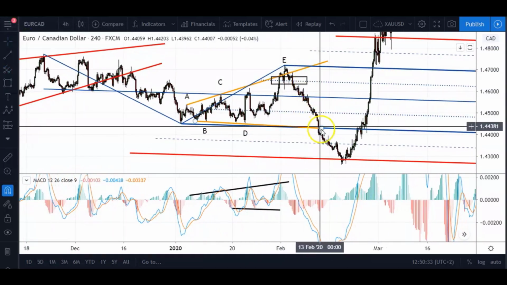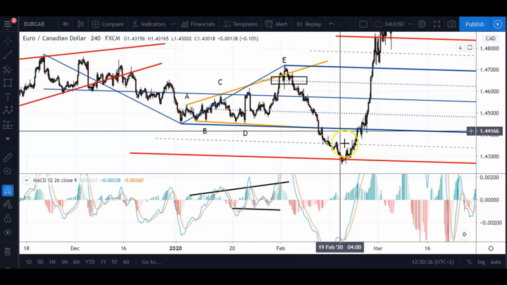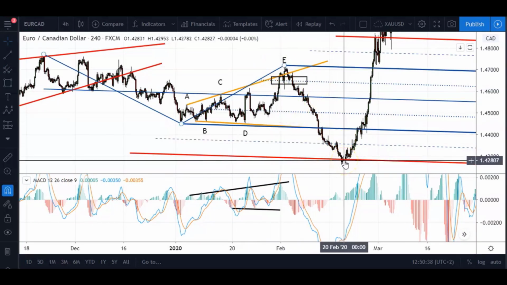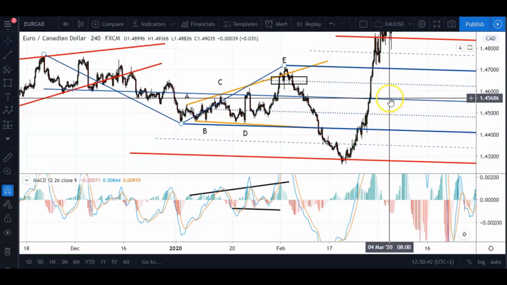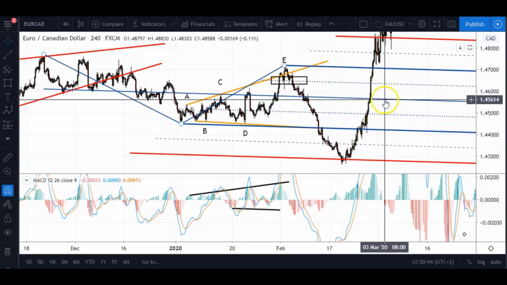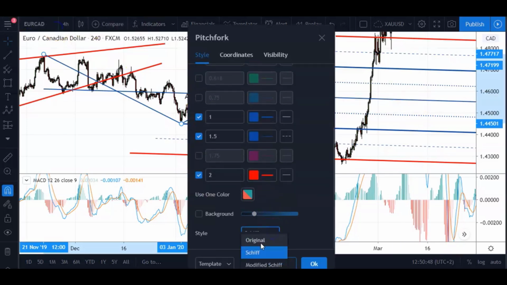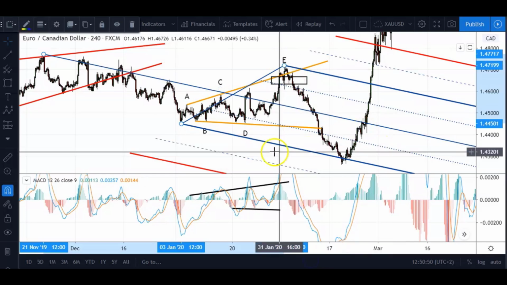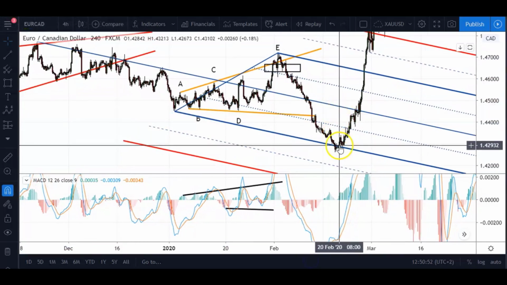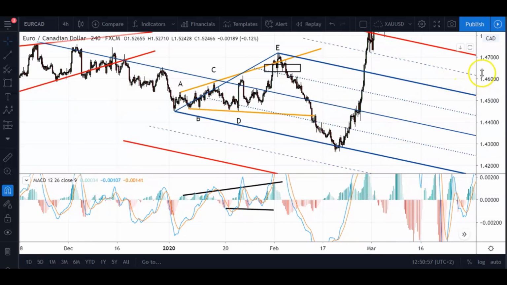And look how beautifully this whole move to the downside terminated at the low red warning line of this pitchfork. And this is a shift pitchfork, sorry guys. So if I were to switch this to a standard pitchfork, then in this case this drop was so steep that it also ended at the lower median line of a standard pitchfork.